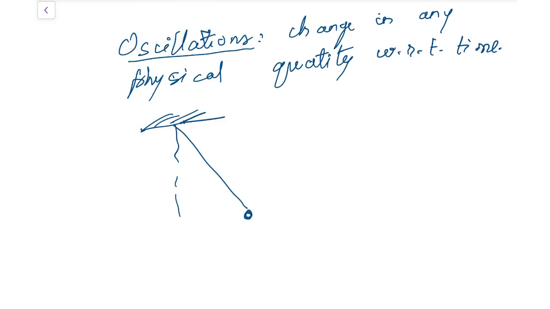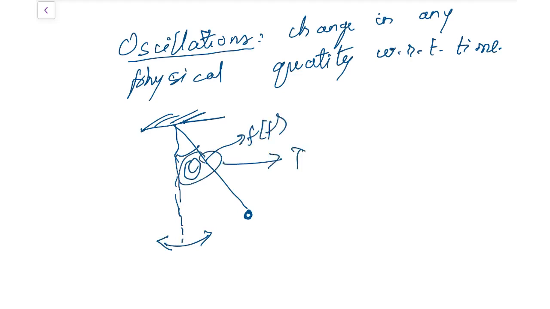It makes an angle theta with the vertical. So, if this angle is a function of time, then this theta also becomes your displacement variable. So let's try to describe this displacement mathematically.